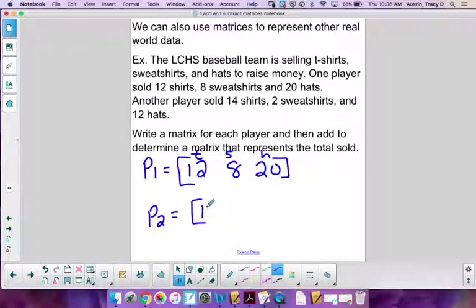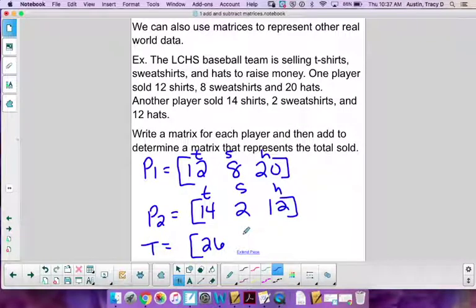Make sure it's labeled t-shirts, sweatshirts, and hats. And then if I want to add to figure out what they sold together, that's going to be my total matrix. And that's going to be 26 and 10 and 32. Okay, so it's just writing a matrix to represent a real world issue.